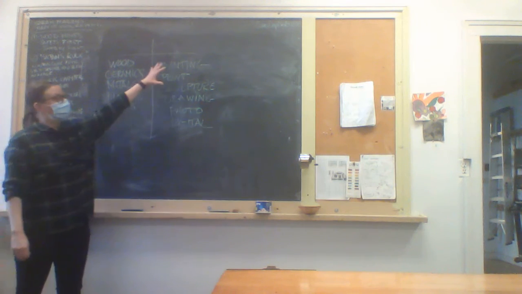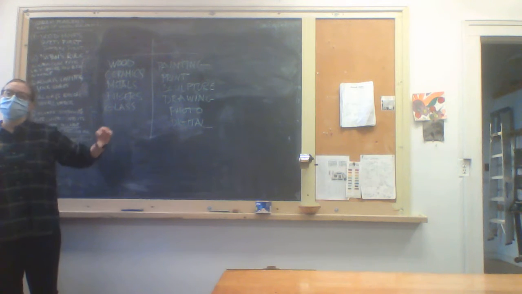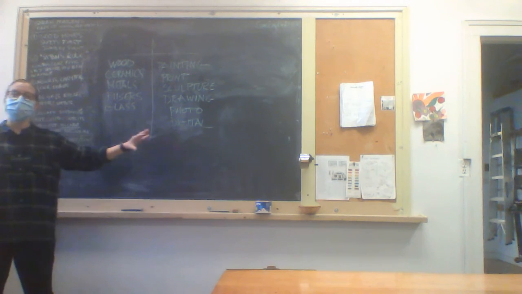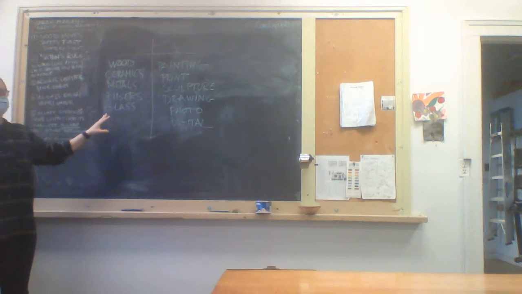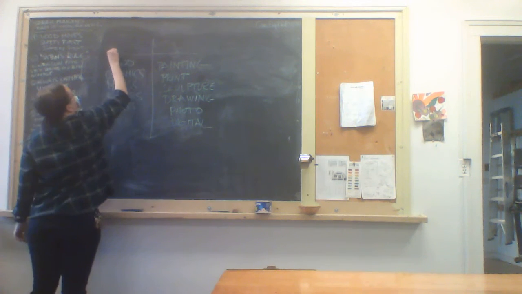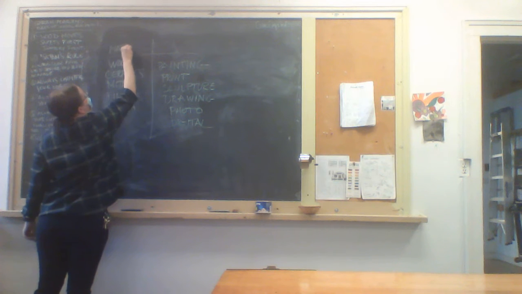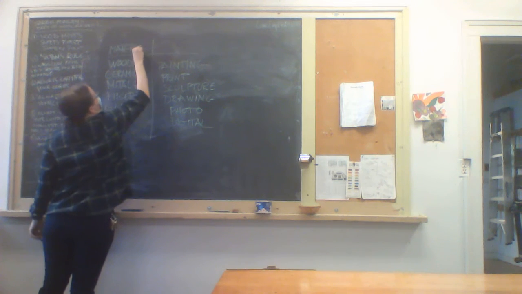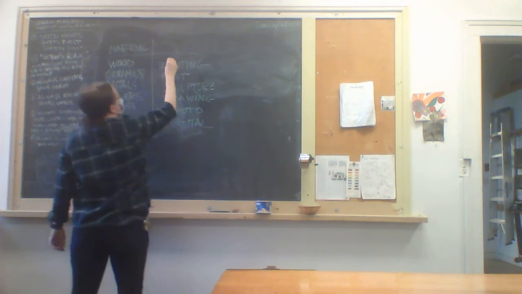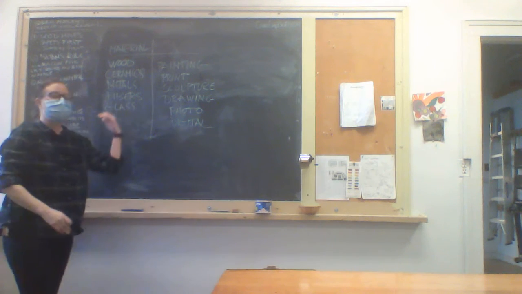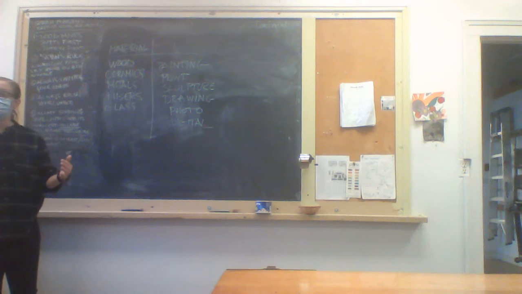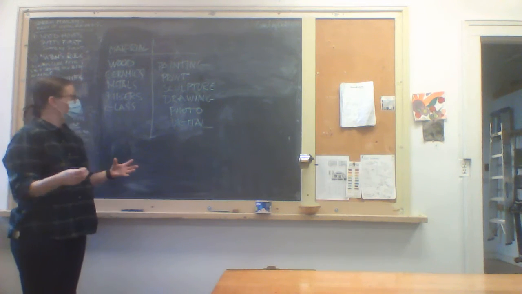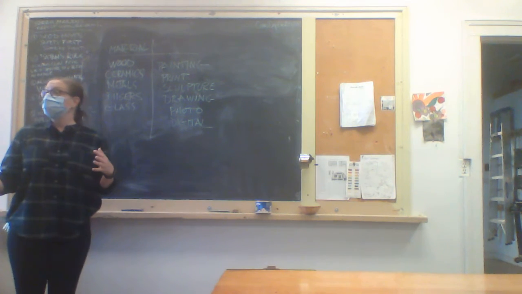So this is more about the processes involved in making your end product, as opposed to the materials involved in making your end product. It's kind of an artificial division, because the end products themselves have a similar effect culturally and psychologically.